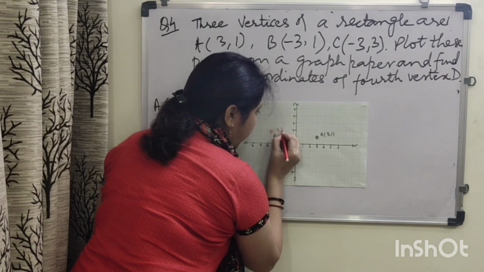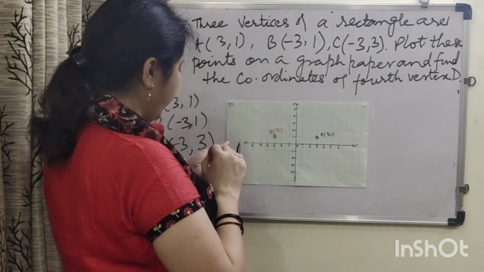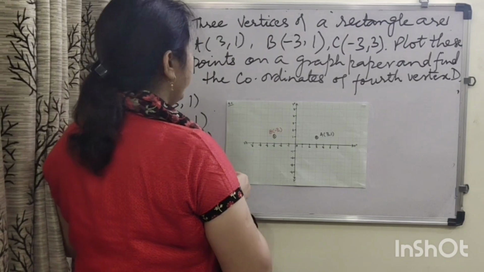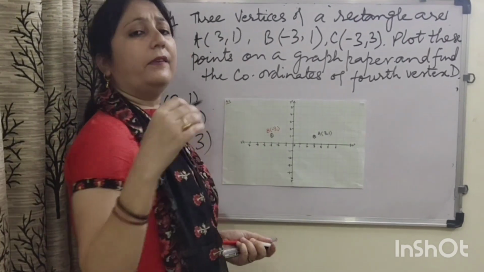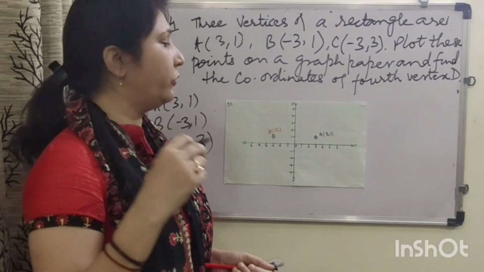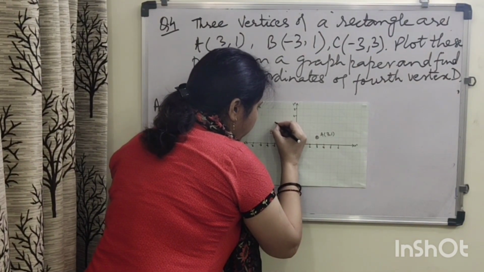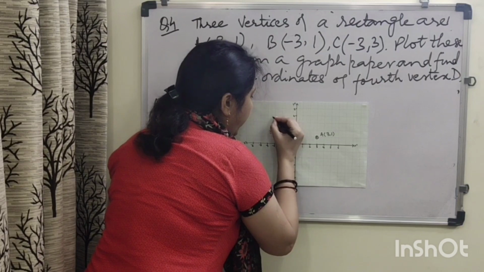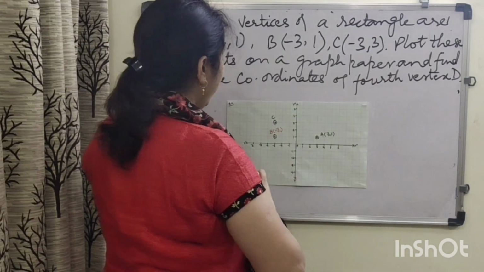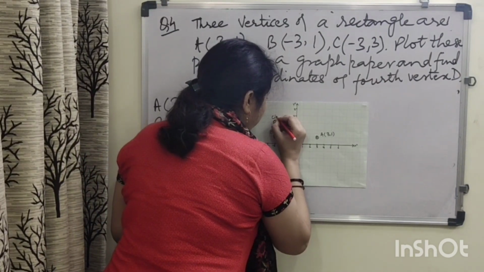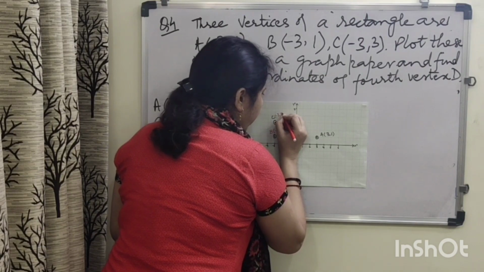So your point B has got coordinates minus 3, 1. The third one is minus 3, 3. X is negative, y is positive. Minus 3, 3. It is over here. This is your point C, which is minus 3, 3.